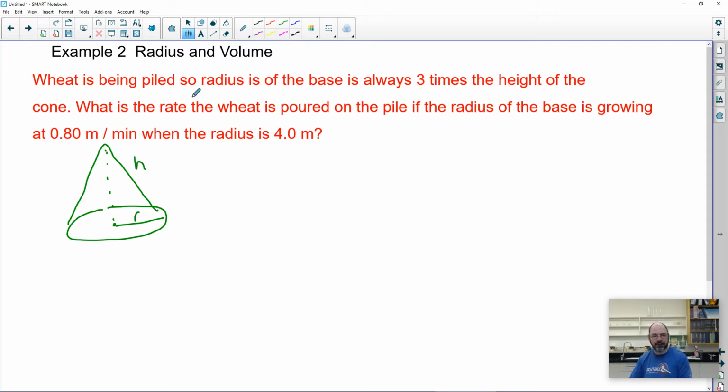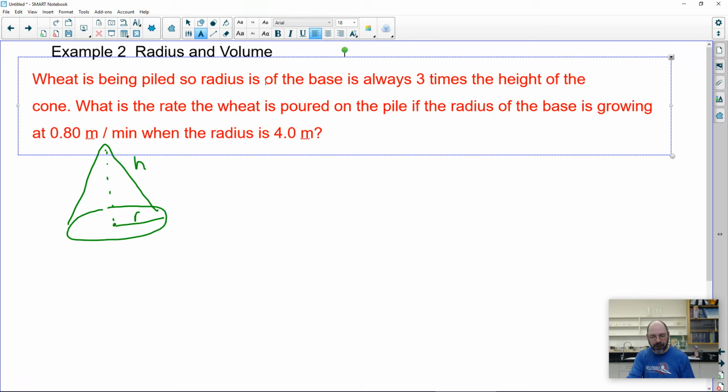Okay, now it says the wheat is being poured so that the radius of the base is always 3 times height. So that means the radius is always 3 times the height.